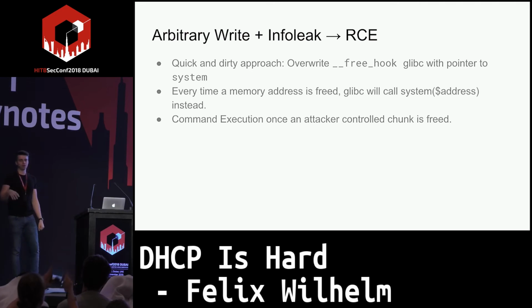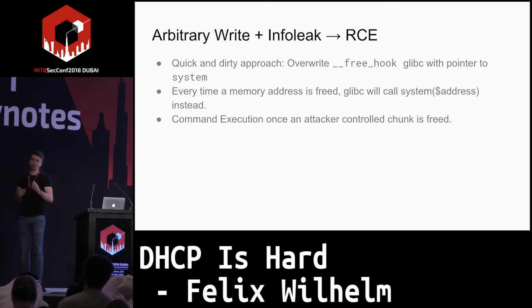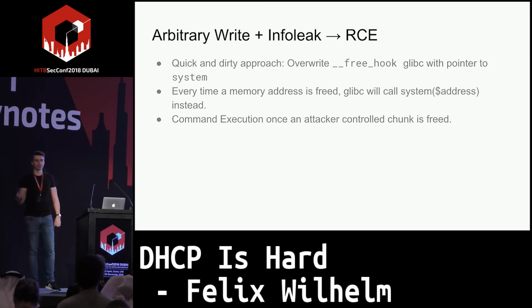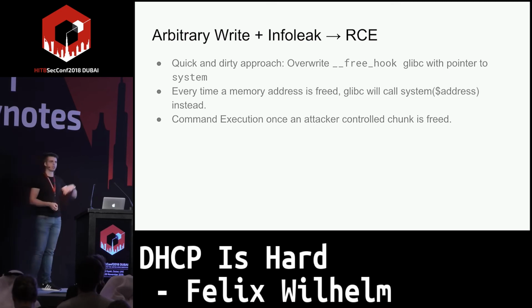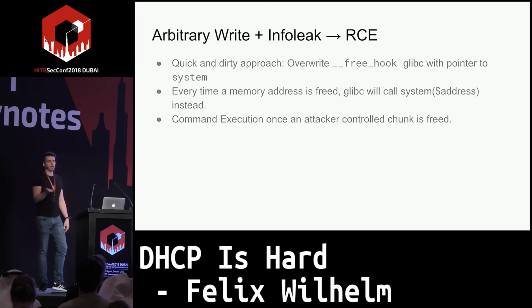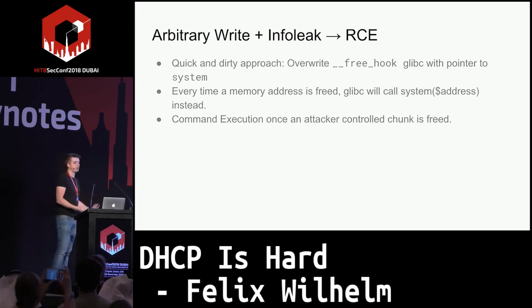If we overwrite that pointer with the address of the system function, the one that executes commands, then every time a memory address is freed, glibc will call system with the first argument being that memory address. And if you are able to trigger a free of an attacker-controlled chunk, this immediately gives you code execution, or command execution.